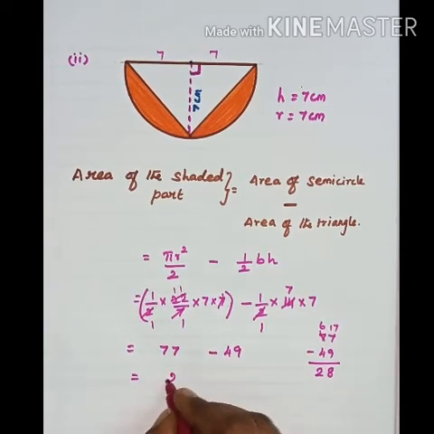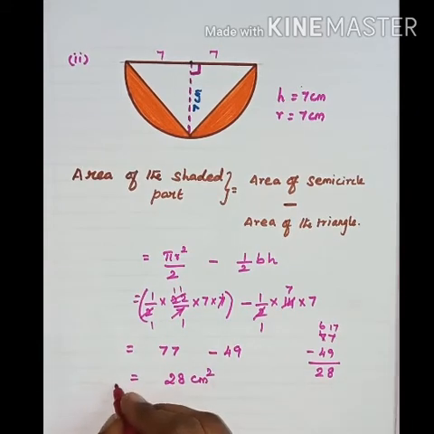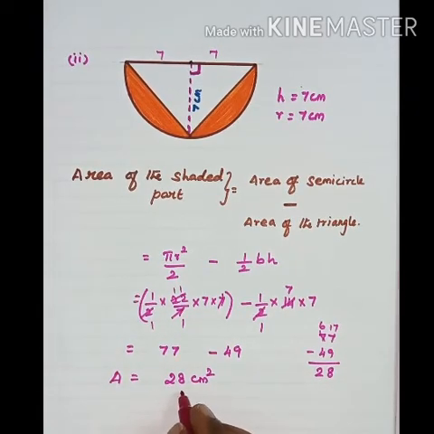The answer is 28 centimeter square. Area of the shaded part is equal to 28 centimeter square.